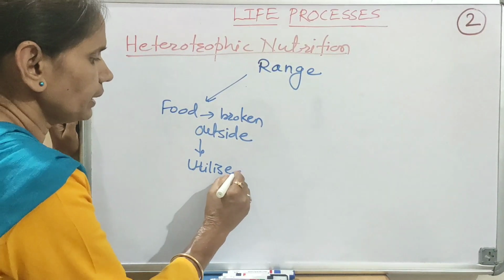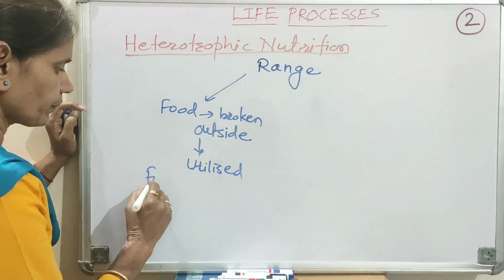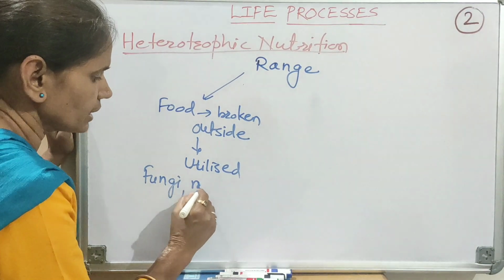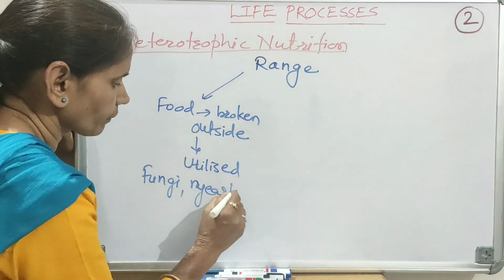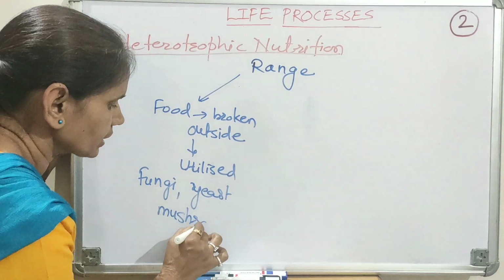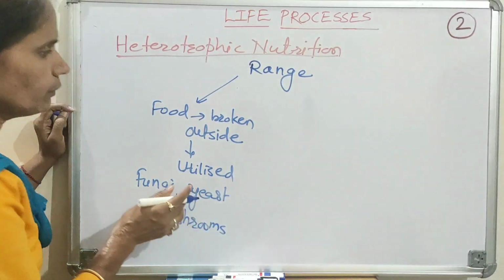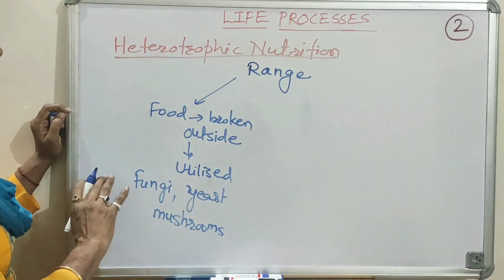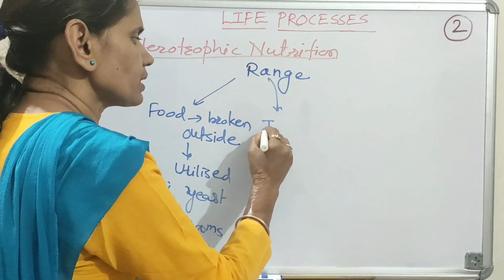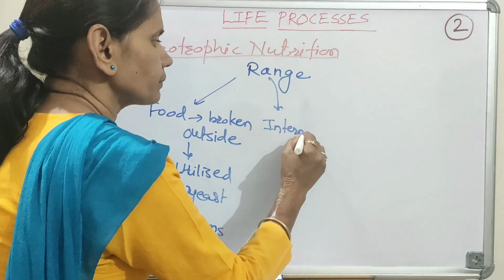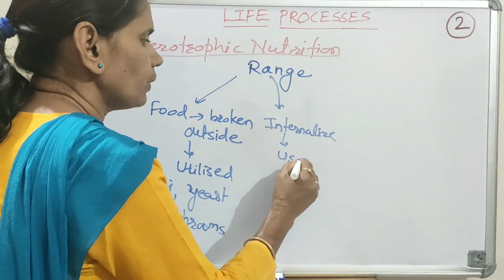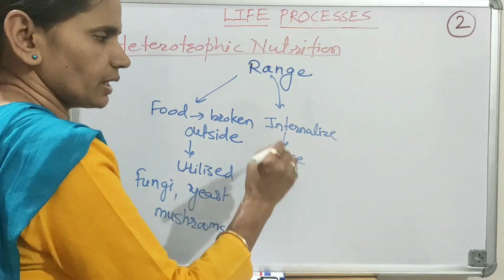The best examples are fungi like bread mold, molds, yeast and mushrooms. In these organisms, they first break up the food outside and then utilize it. In certain cases, the organism first internalizes the food and then digests it.